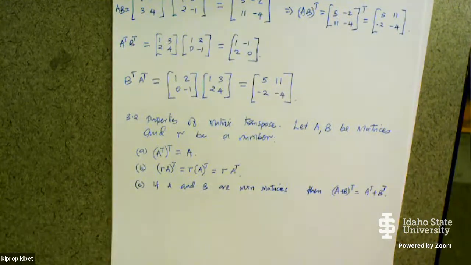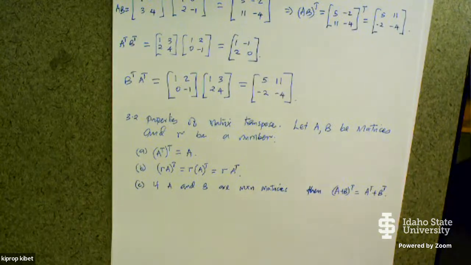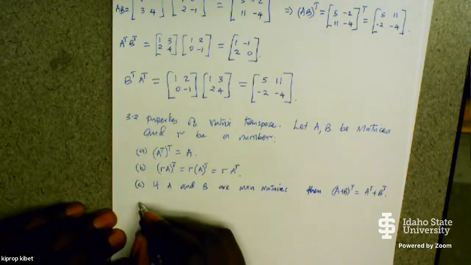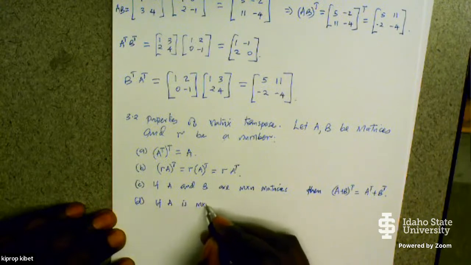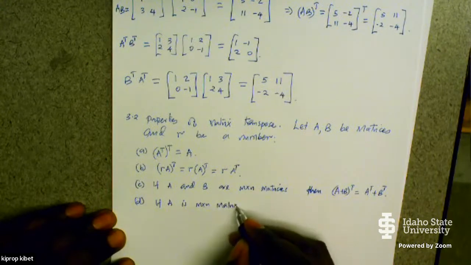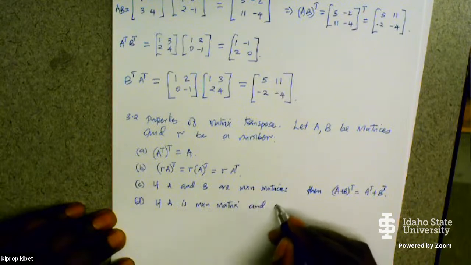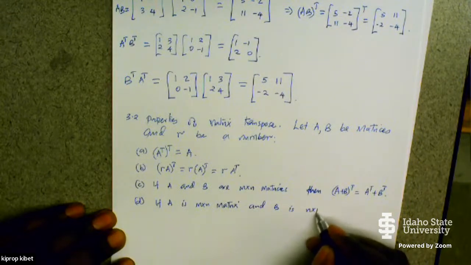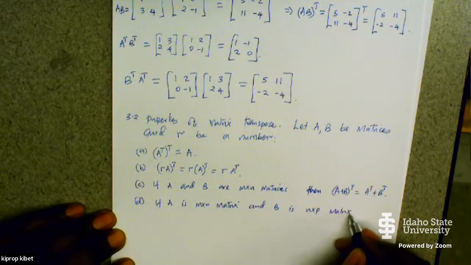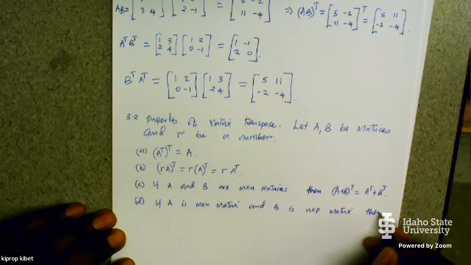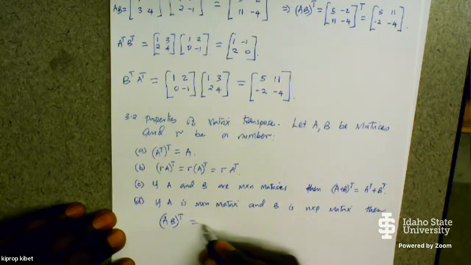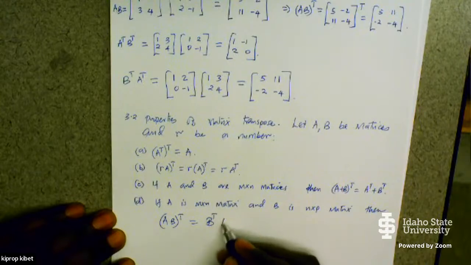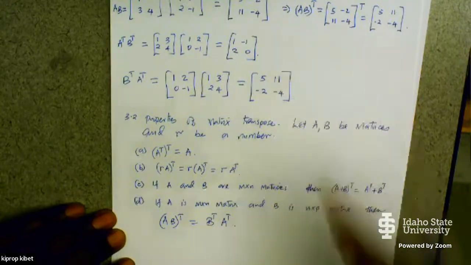This is what we just saw in example number B. And then finally, number D, if A is an M by N matrix and B is an N by P matrix, then AB transpose is the same as B transpose A transpose. And this is what we just saw here.